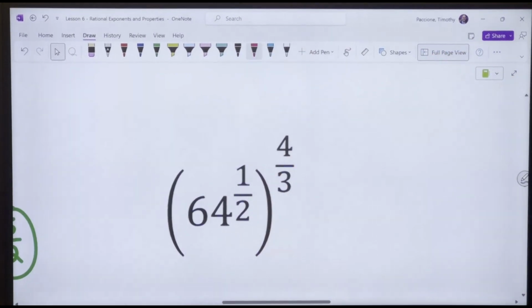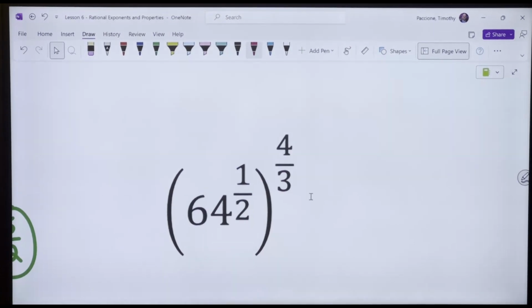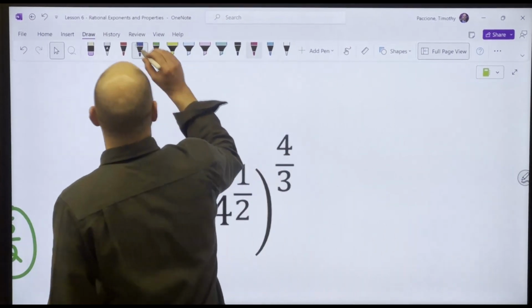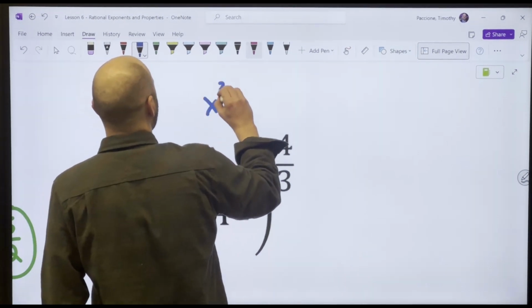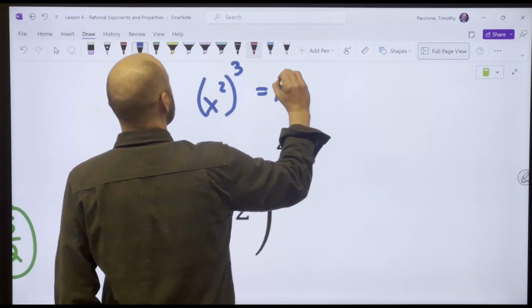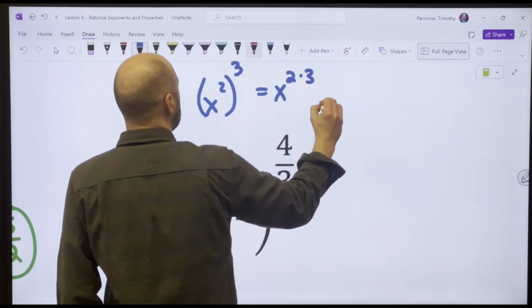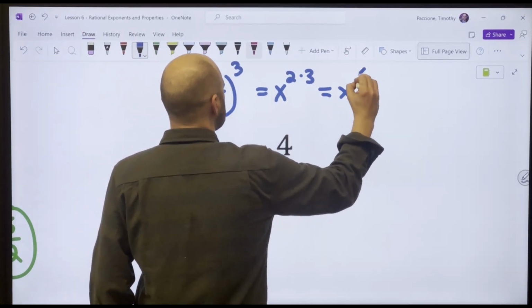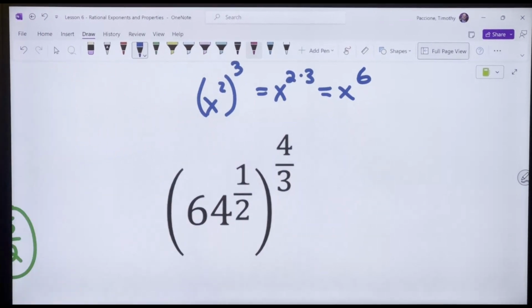What happens? And then apply that to your fractions. If you're not sure where to start, I will remind you that x squared to the third is x to the 2 times 3, which is x to the 6, right? So that's the process. Now you have fractions.